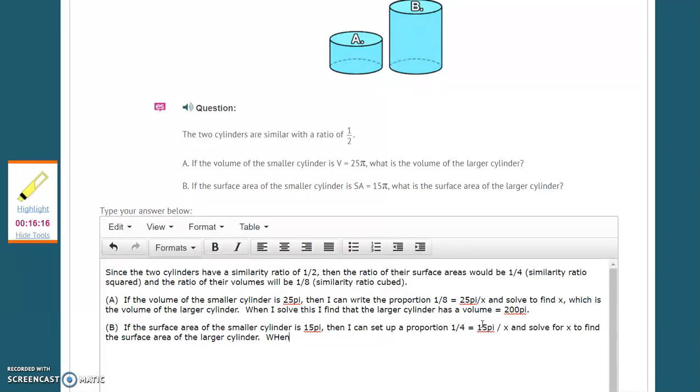When I do that, and maybe you should say by cross multiplying so that the reader knows that you know exactly what you're doing, I will find that the larger cylinder has a surface area of 60 pi.